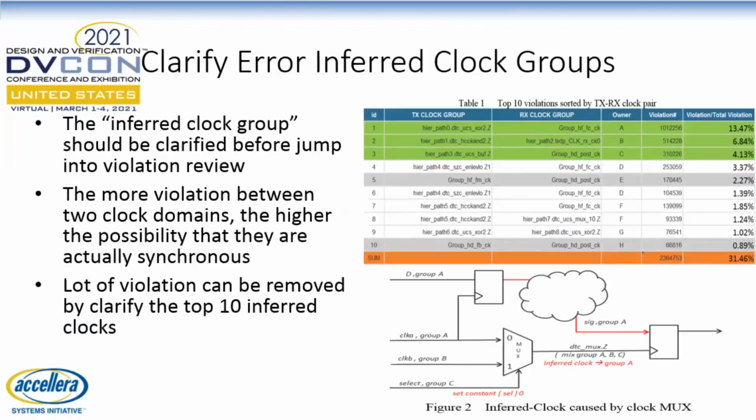In Project A, the top 10 violations grouped by inferred clock pairs are listed in Table 1. The violations generated by the first three clock pairs account for 24%. So, we should clarify the top 10 inferred clock pairs listed in Table 1.